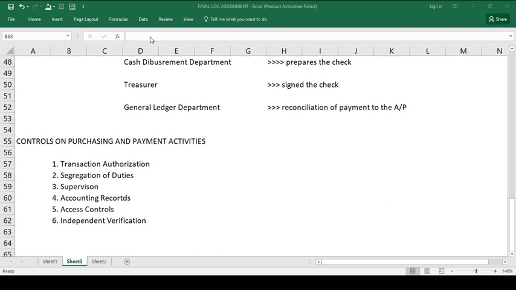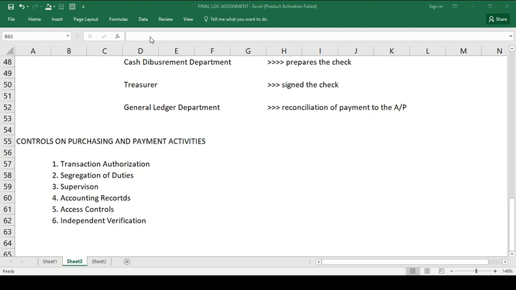So, ibig sabihin, it is very important that the documents can be easily verified by an independent party. Yun po yung ibig sabihin nun.